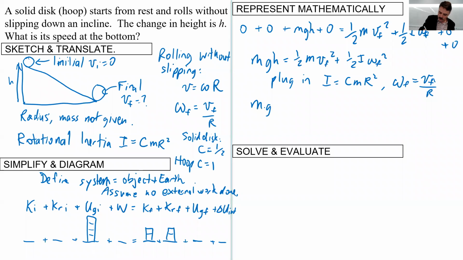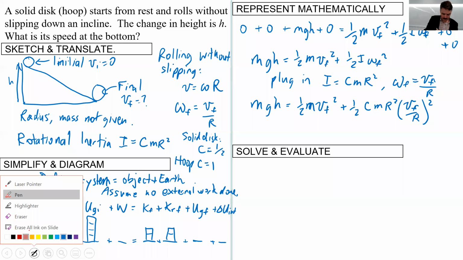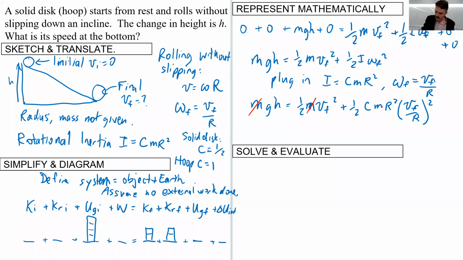So it's mgh is equal to 1/2 m times v final squared plus 1/2 times c times m times r squared times v final over r squared. Okay, and the m's cancel, which is good because you weren't given the masses of either, so we didn't want that.